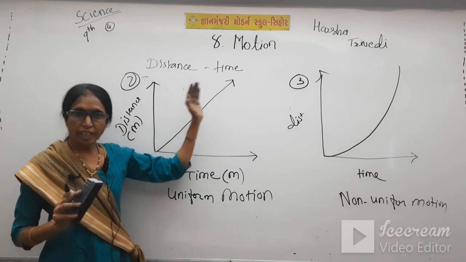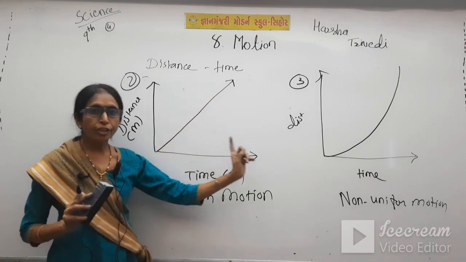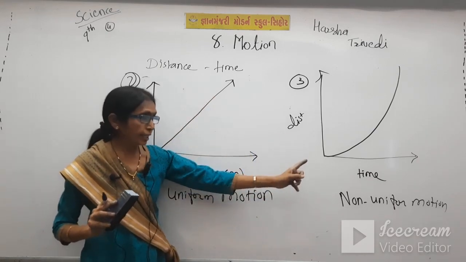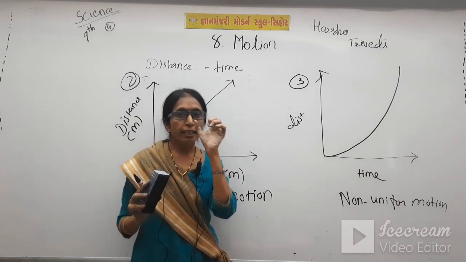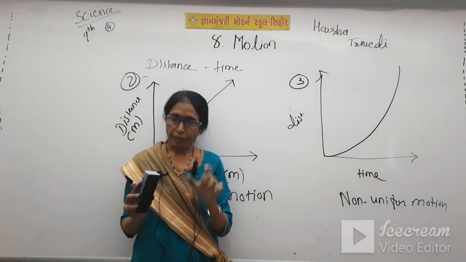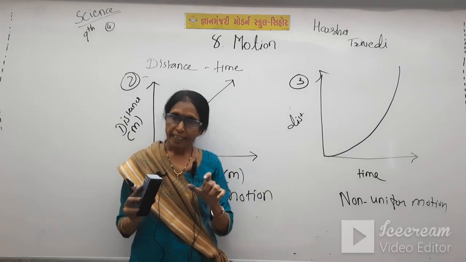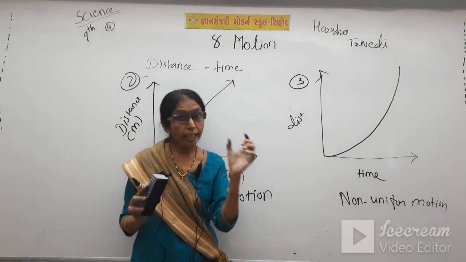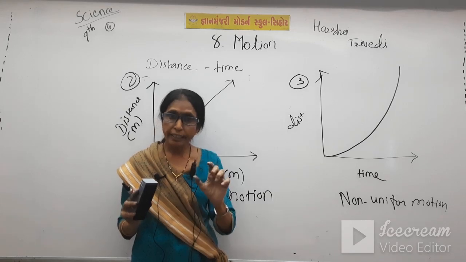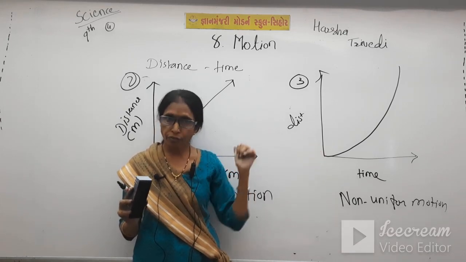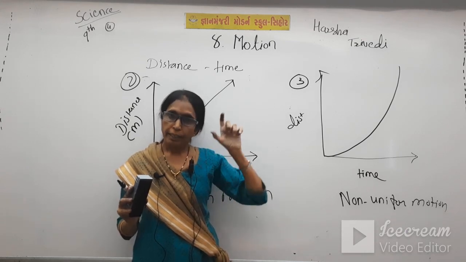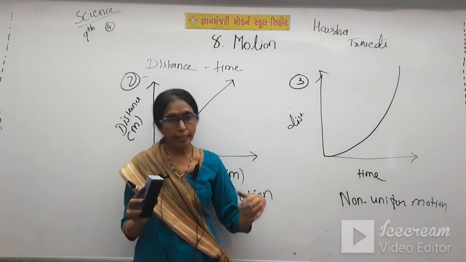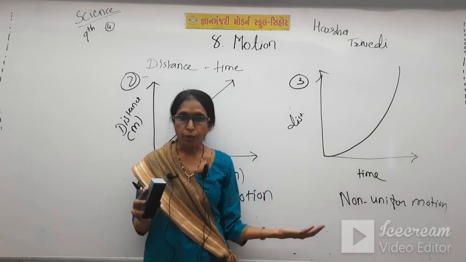So if the graph is a straight line, it indicates uniform motion. And here the thing is different. In a particular interval of time, the vehicle travels unequal distances. If equal interval, equal distance, it is uniform motion. Equal interval of time but not equal distance, then it is called non-uniform motion.